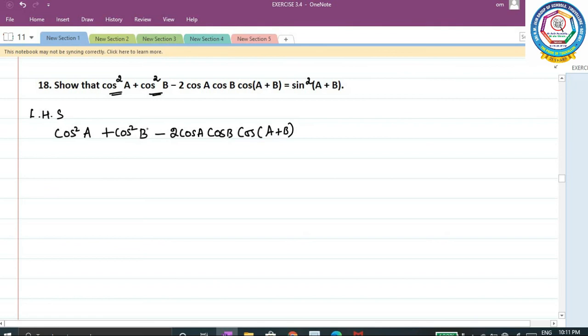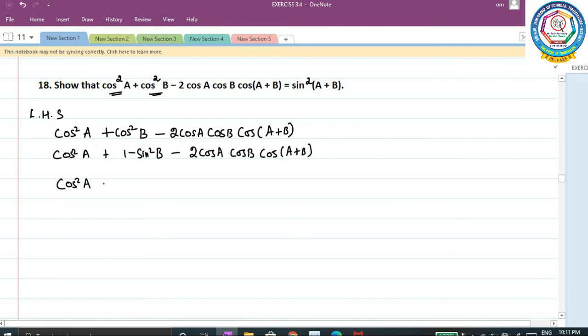Now instead of cos²B, I am going to apply the identity. cos²A plus 1 minus sin²B minus 2 cos A cos B cos(A+B).